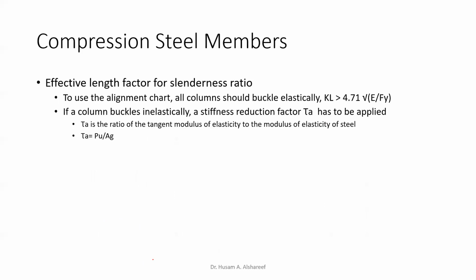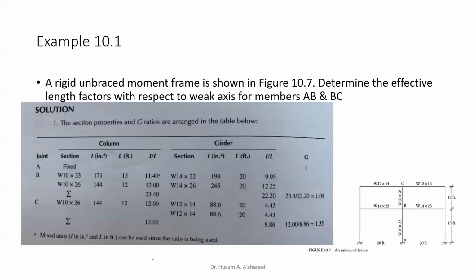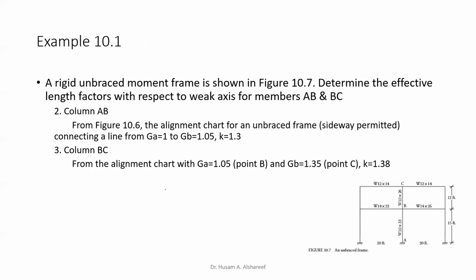So the K value is 1.3. Then the same thing applies, so the K is 1.3 for this column here. Now we want to find the K for this column. Remember the two values again.